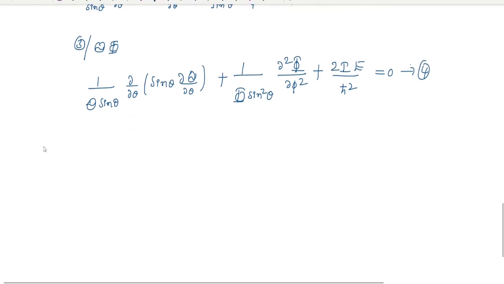Then multiply this equation by sine square theta.